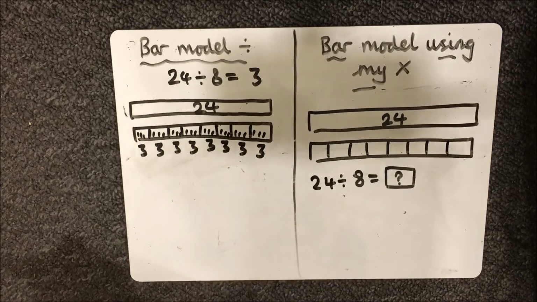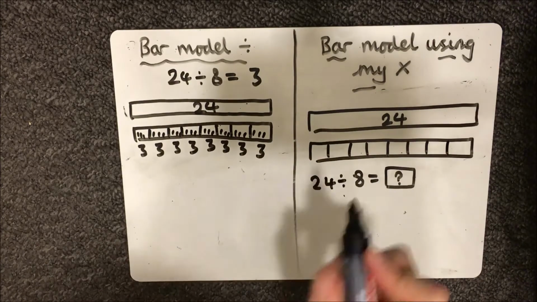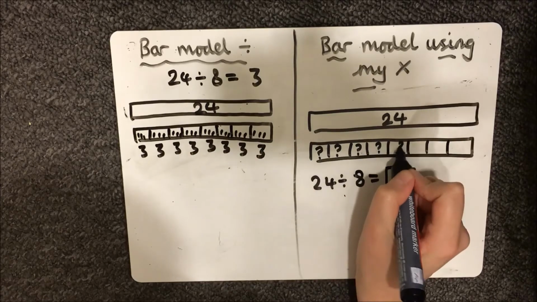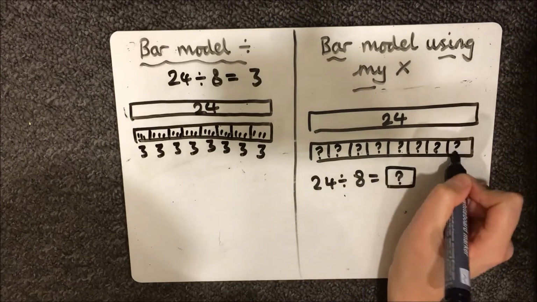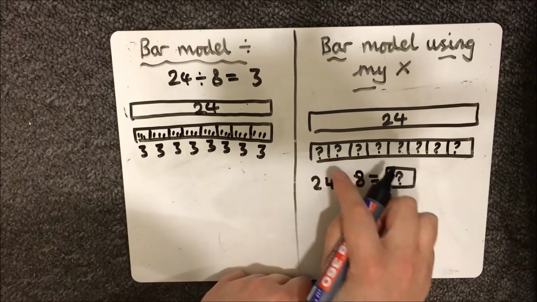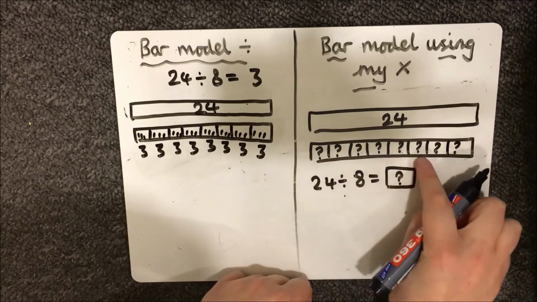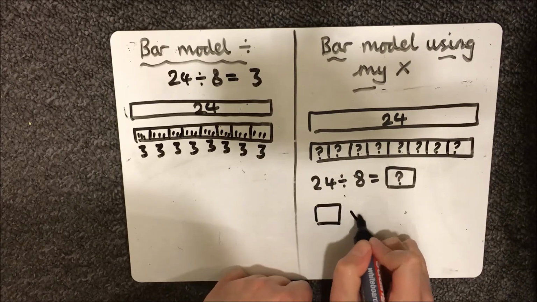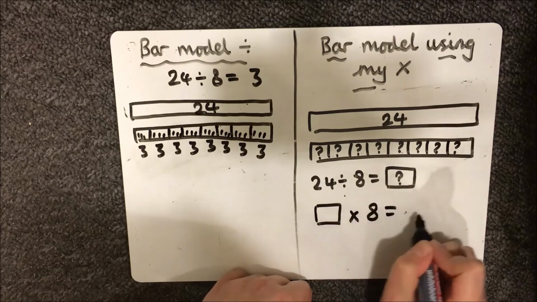I use a bar model for my times tables. So I don't know what's in any of these, but I can use my times tables to help me. I know I've got something, I don't know what the something is, times 8, because I've got 8 groups, is 24. Something times by 8 is 24.